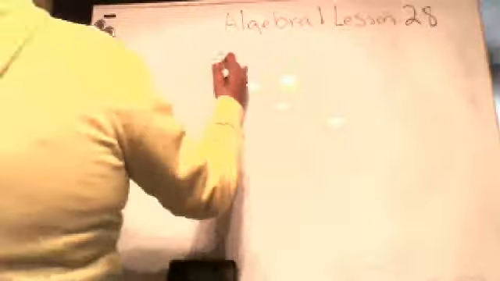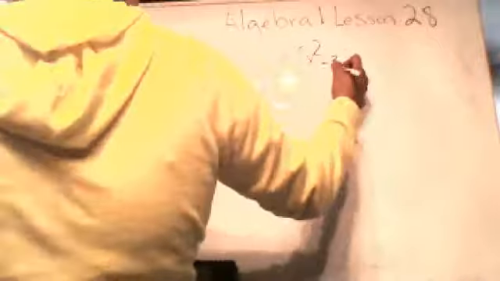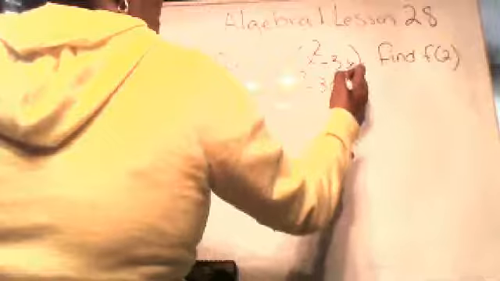Now let's look at 28.5. It said f of x equals x times x squared minus 3x. Find f of 2. So basically you're saying f of 2 equals 2 times 2 squared minus 3 times 2.